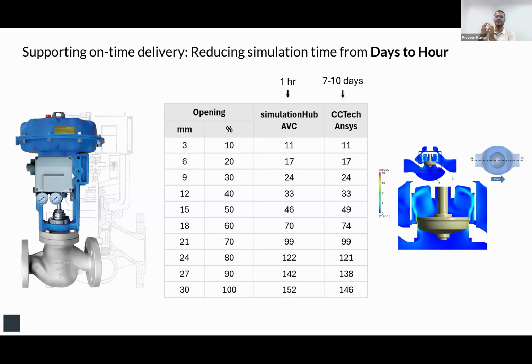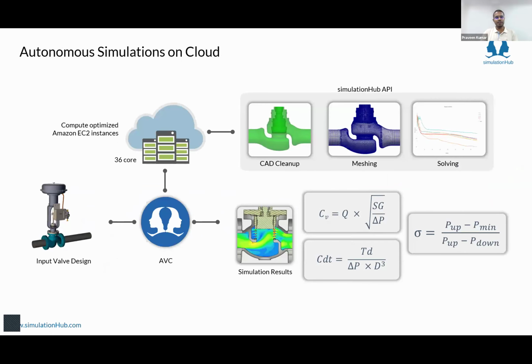So we reduce simulation results time from days to hours. That will help you in supporting on-time delivery, accelerating the design optimization process and so on. How it is done: it's all happening in the cloud.